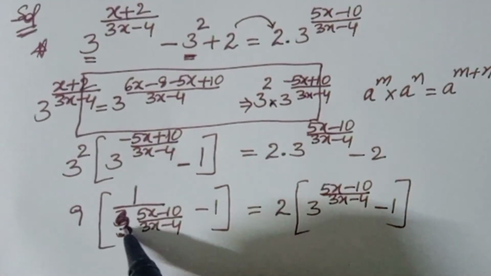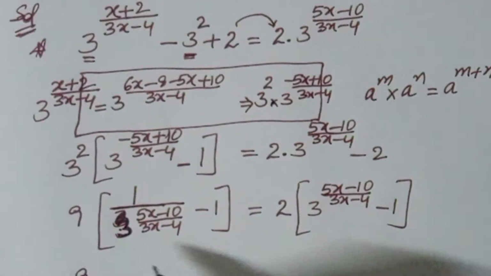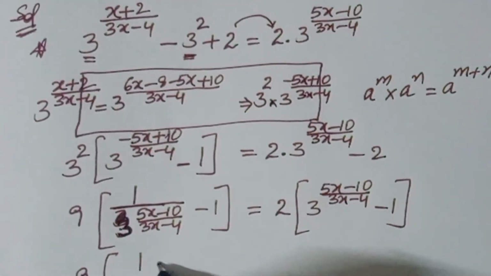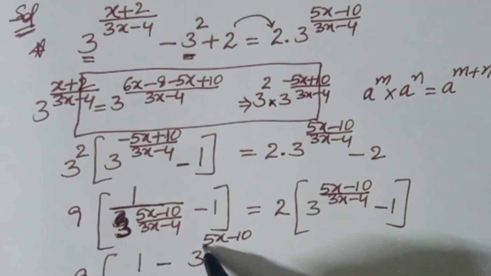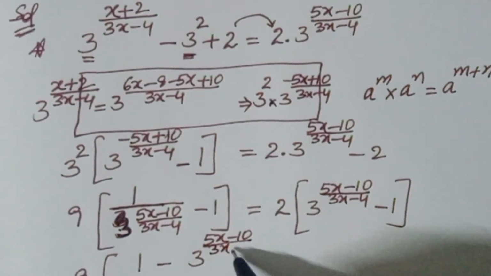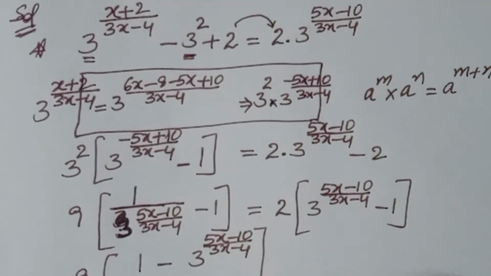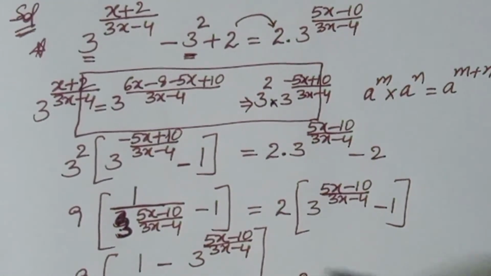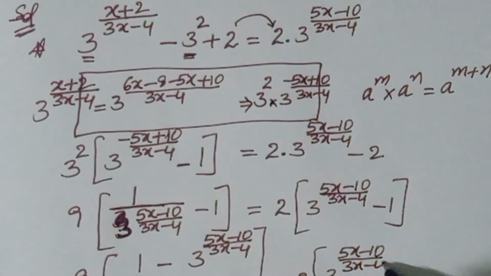Here if you take LCM, this is 9 into (1 minus 3 to the power of (5x minus 10) by (3x minus 4)) total by 3 to the power of (5x minus 10) by (3x minus 4), is equal to 2 into (3 to the power of (5x minus 10) by (3x minus 4) minus 1).